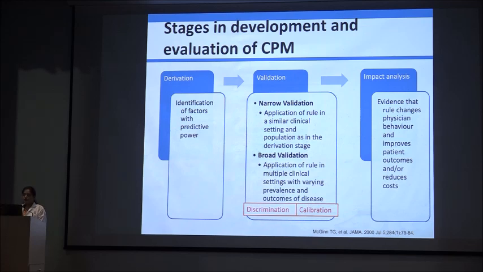And here, there are 2 terms that you will come across when we talk about validation of a clinical prediction model. And those 2 terms are discrimination and calibration. I'll talk more about these 2 properties further down, but if you ever read or happen to come across an article that talks about key characteristics of a clinical prediction model, you will read that the most important property of a clinical prediction model is calibration.